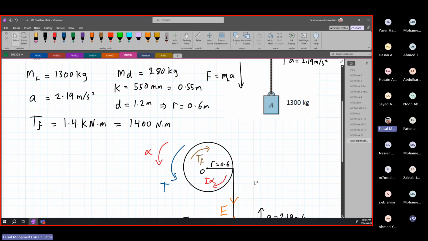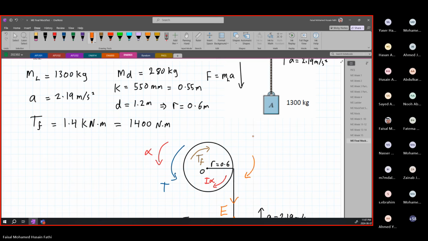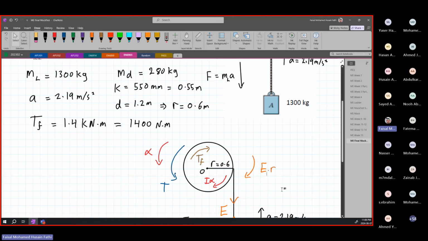That means we have a torque. All right, if you want, we can mention the torque as well, or the moment due to this. We're going to have also a moment in this direction, which is equal to E times the radius. Remember, moment is just force times perpendicular distance.